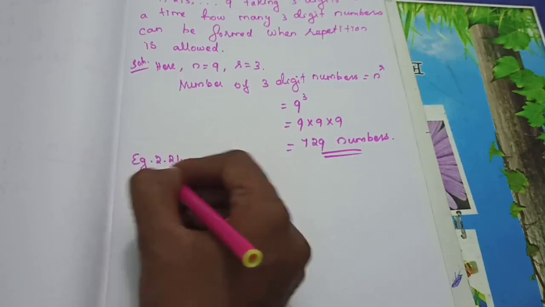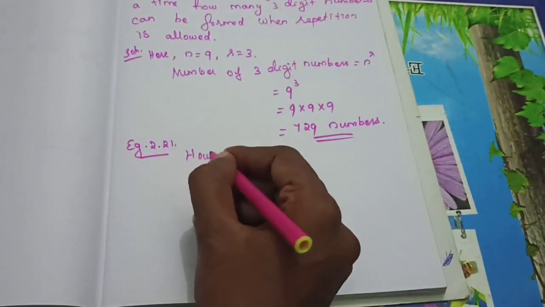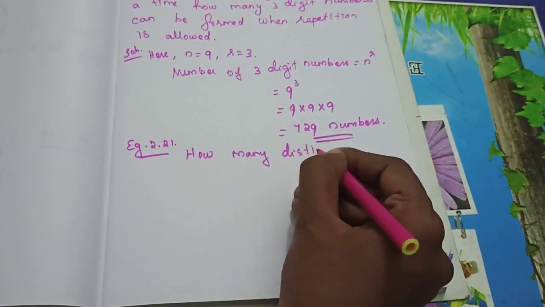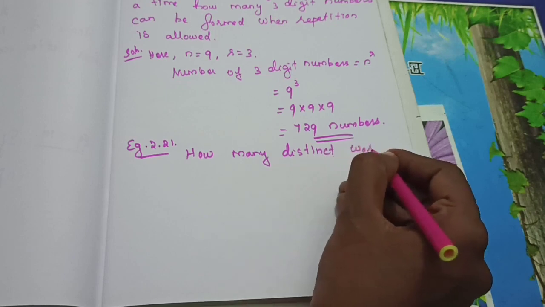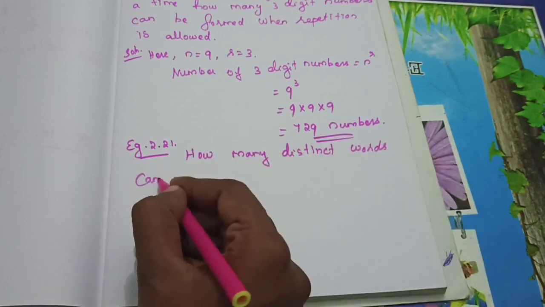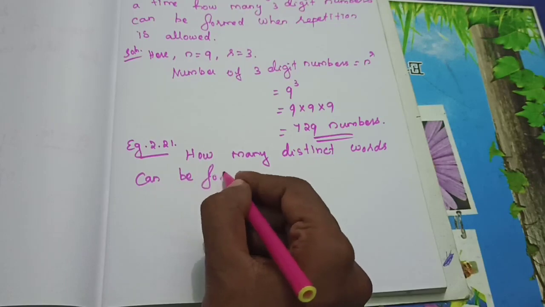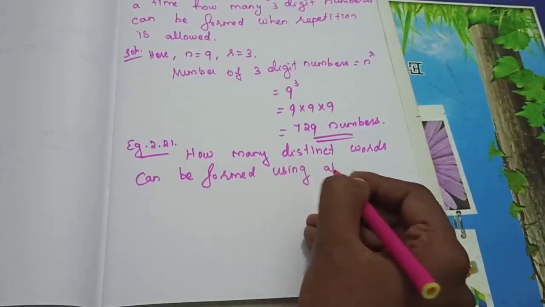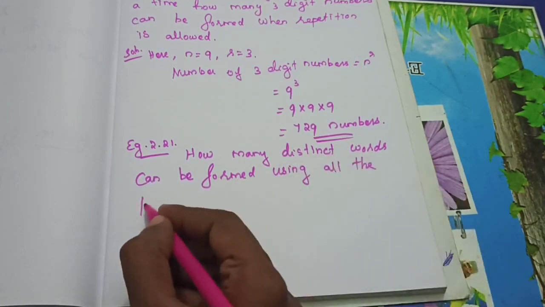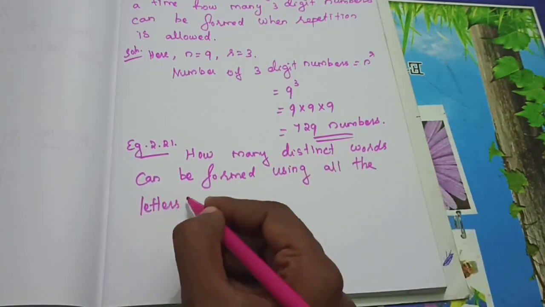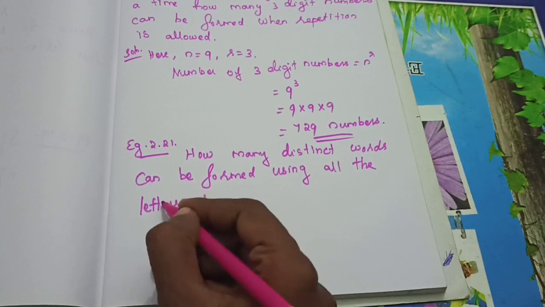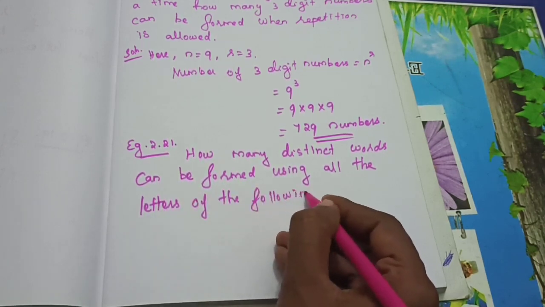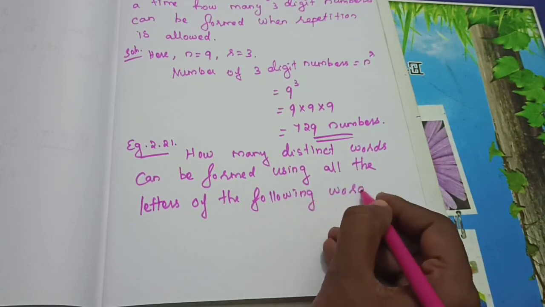Example 2.21. How many distinct words can be formed using all the letters of the following words?